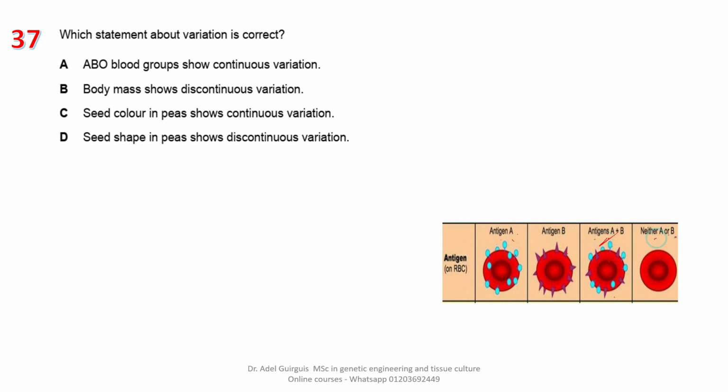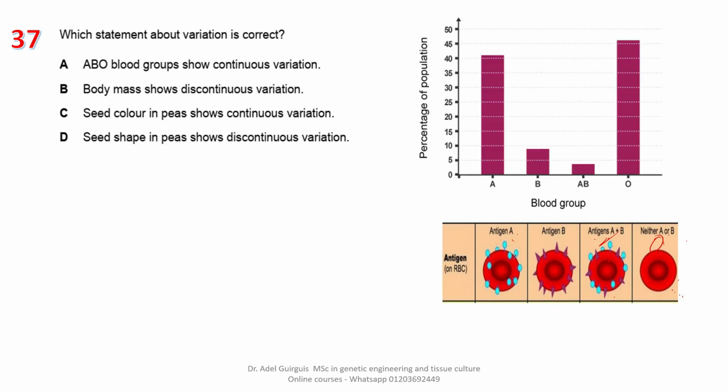Neither A nor B found on the red blood cells, so this is blood group O. When represented in a graph, as a bar chart, this means discontinuous variation, where there are no intermediates, no average between blood groups.